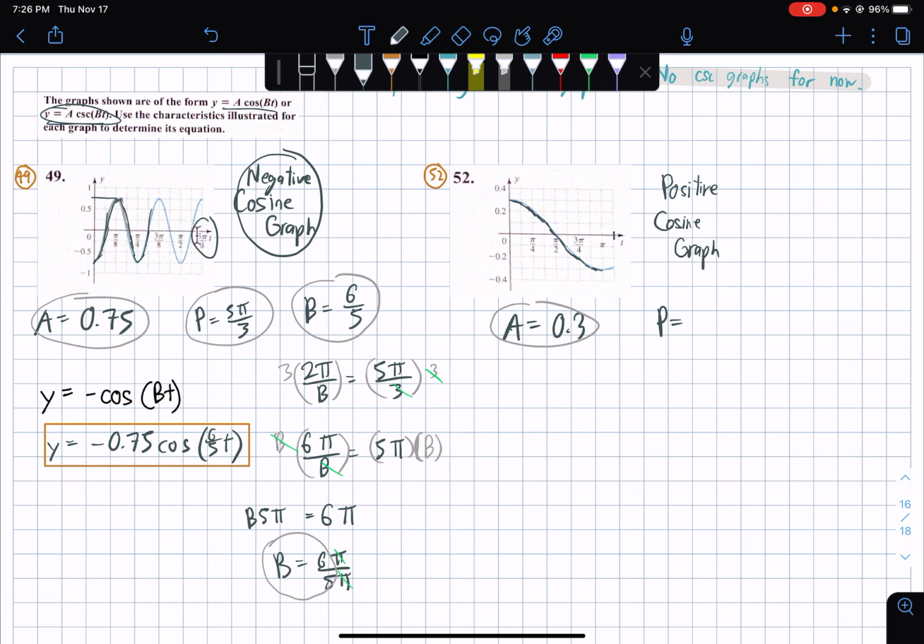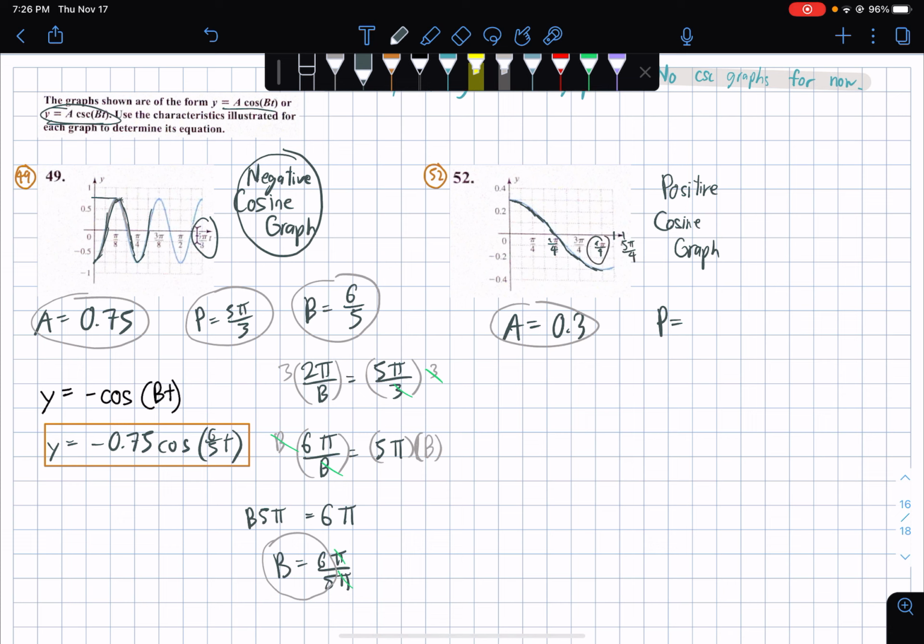But the question is, how could we be able to find it? So let's say that this is pi over 4, 2 pi over 4, 3 pi over 4, 4 pi over 4, and after 2 boxes we have 5 pi over 4.